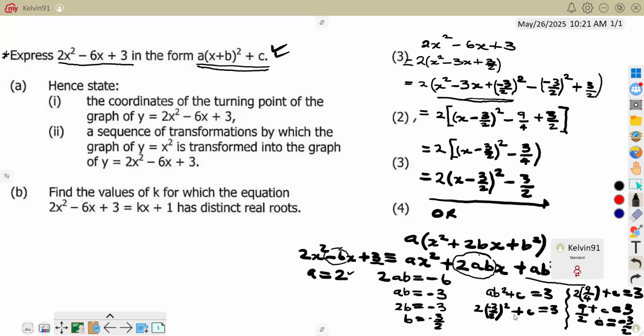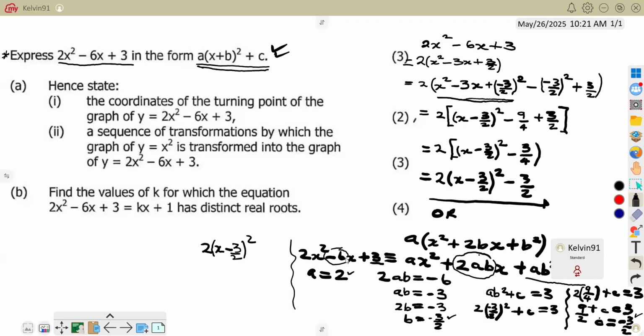It therefore means that since we now have A, B and C, we can write that in the form which they want here. Our A, we found it to be 2, so this reduces to 2. Then we have open bracket x, our B, we found it to be minus 3 over 2, take note, squared.